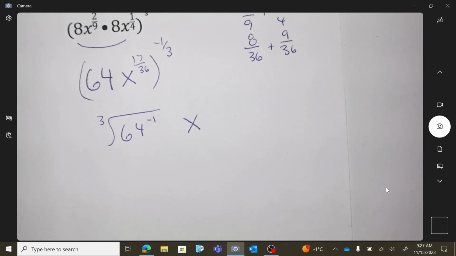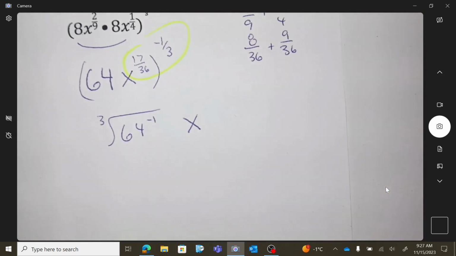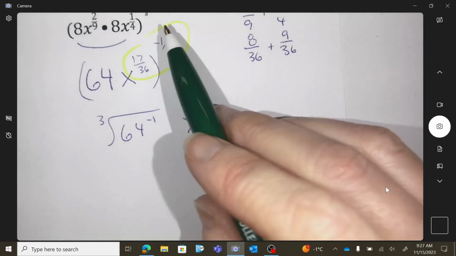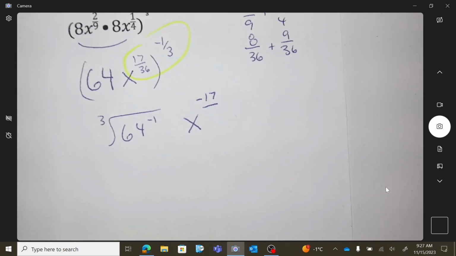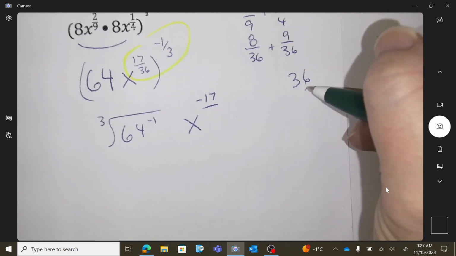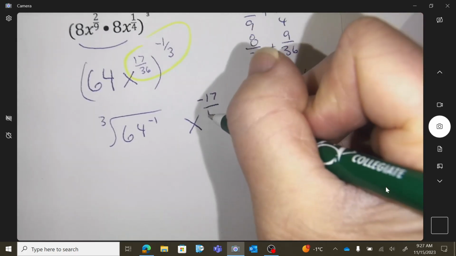Exponent, I'm going to do rules with them. So I have to multiply these together. So top becomes negative 17. The bottom becomes 36 times 3, so 108.